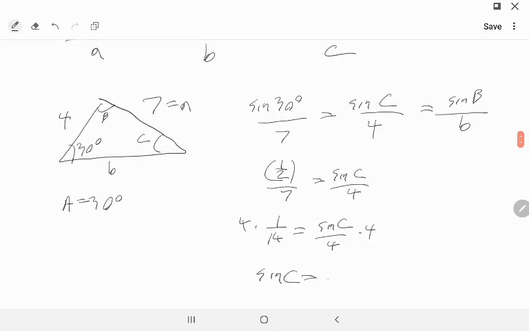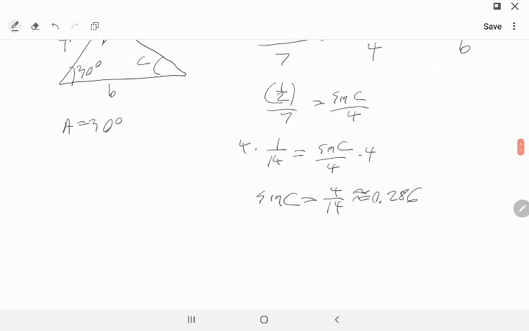Sine C is going to equal 4/14, which is approximately 0.286, and now we can use that inverse sine idea.